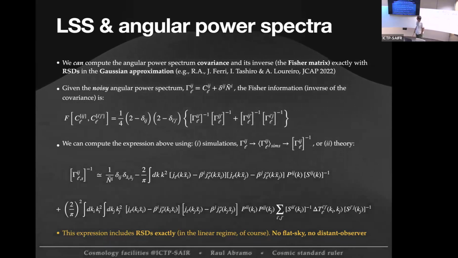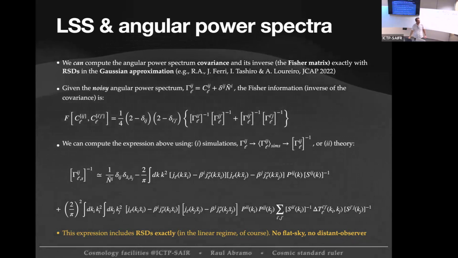But this is an exact expression with no flat sky, no distant observer, including redshift space distortions. So you can either use simulations or you can use these analytical approximations. It's doable in principle. You can plug this in there, or you can use simulations to get your power spectrum and then plug it in there. But the only way that I know so far is to use the Gaussian approximation for this. Maybe there's a way to correct upon that, but that's as far as we can go right now.